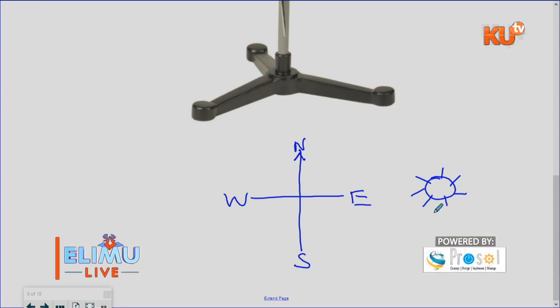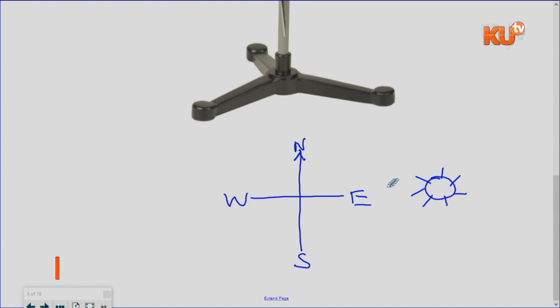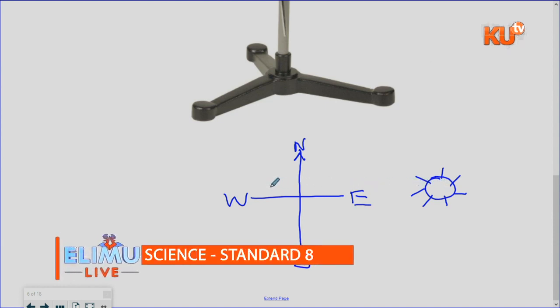So she was walking to school and her shadow was on the right side. The shadow is usually the opposite direction of the sun. So if the sun is to the eastern side, then the shadow is on the western side. So we assume the shadow is towards this side.